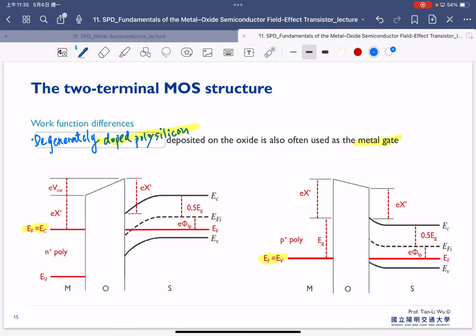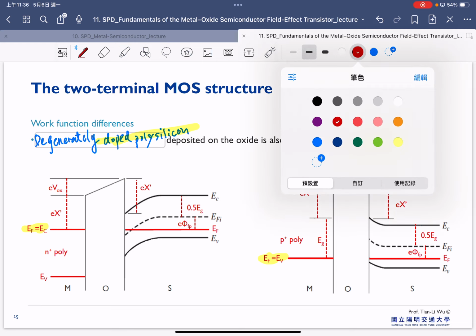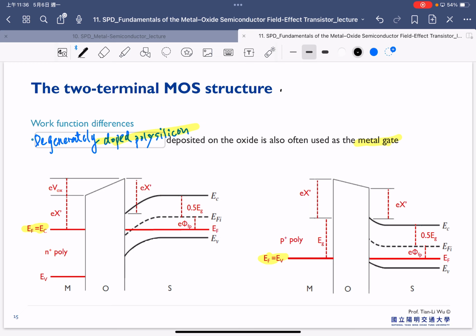So in terms of the gate electrode, this is a gate metal put on top of the silicon dioxide. We usually have two choices here. One is to use N plus or P plus polysilicon, or the other is to just use a metal gate.